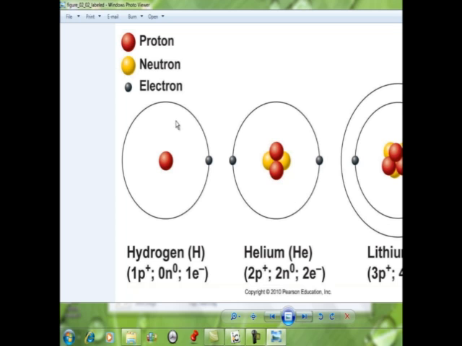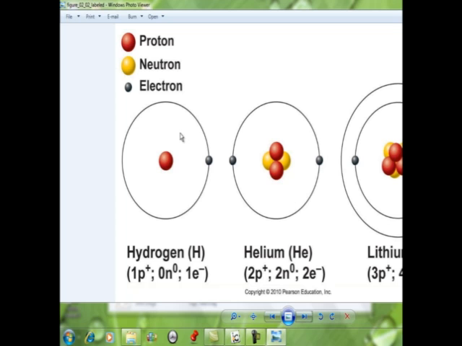So if I look at group 1A, how many electrons do you think is in the outer shell of those elements or atoms? 1. All right, let's stretch. How about group 2? 2. How about, skip over those guys in the middle because we're not going to talk about those right now. How about group 3? 3.